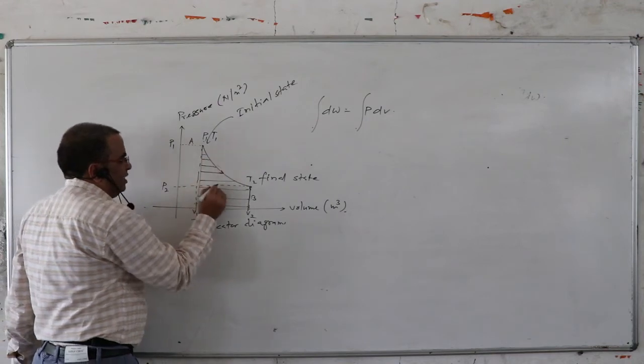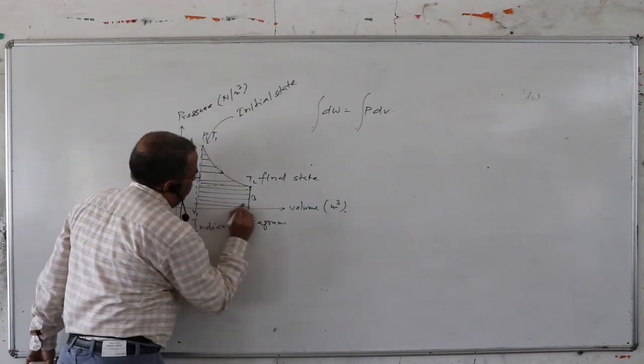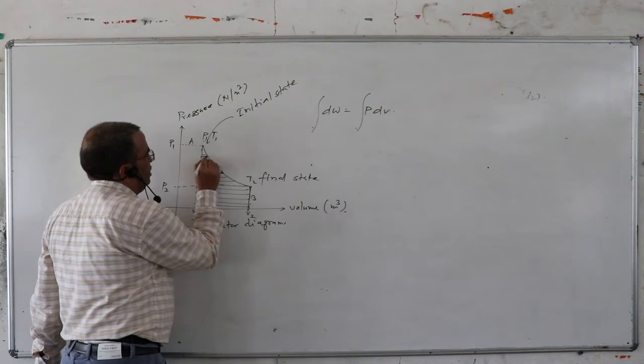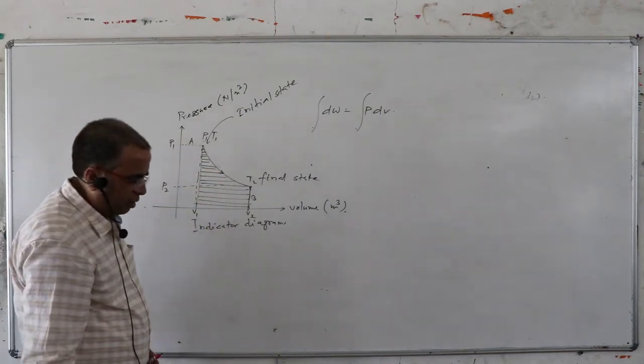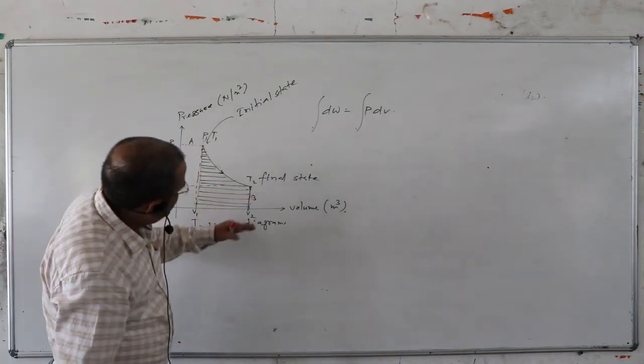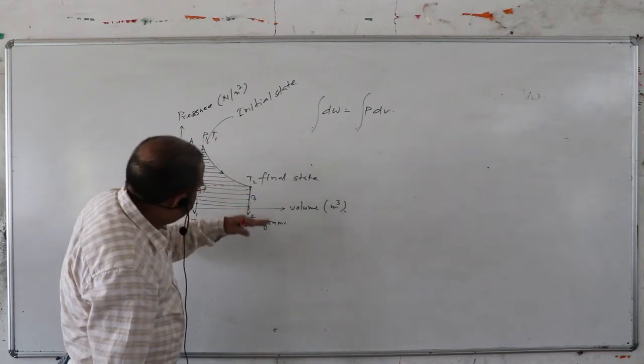So this shaded region gives you the work done by the gas in this particular thermodynamic process, which is A to B. This is AB, the curve.